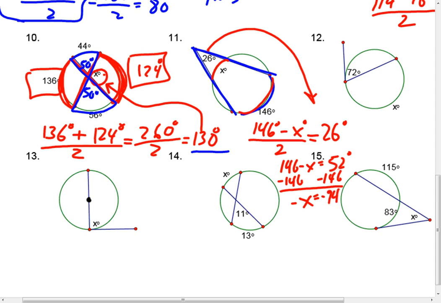Is that right? What is that? In this case, that's the arc. Sometimes you're working backwards.